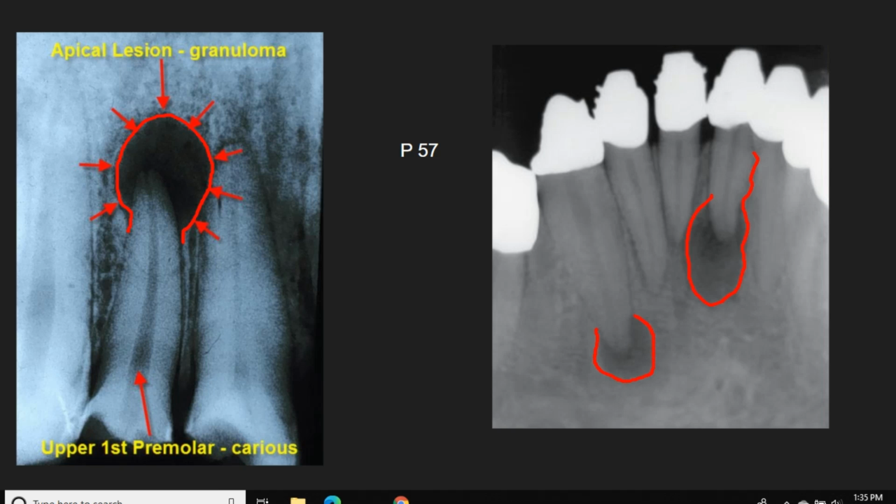But then over on this side, that whole area right there should have that periodontal ligament up close to it, but it's wide. It's that widened space that indicates a granuloma. Treatment for this may be an extraction or a curettage around the apical region.